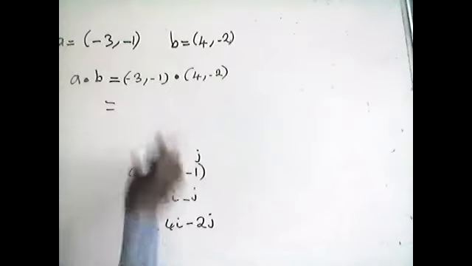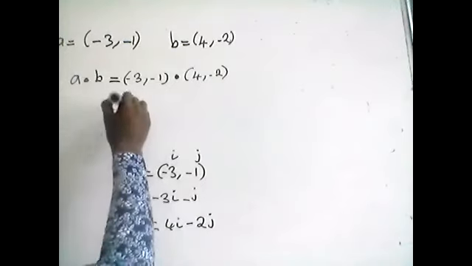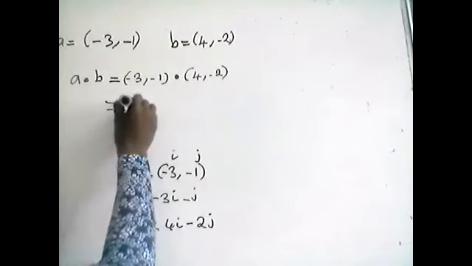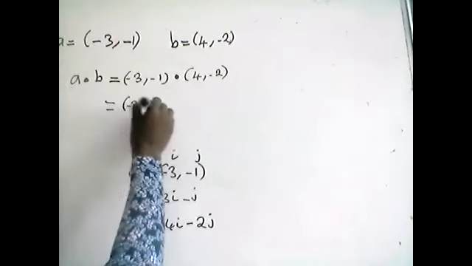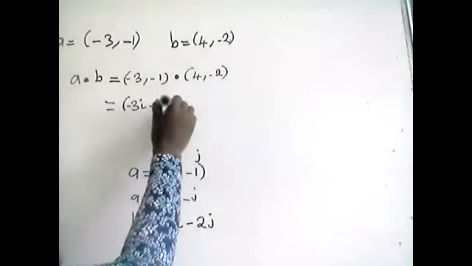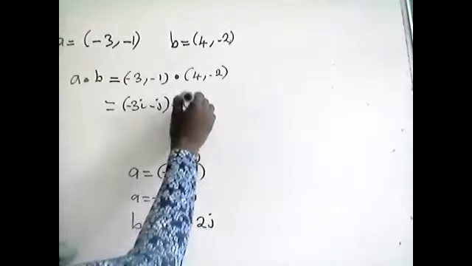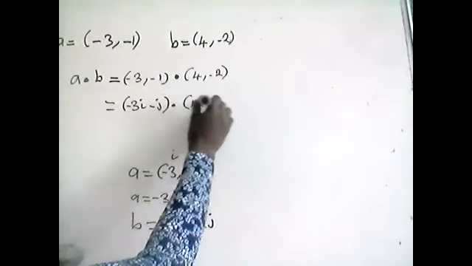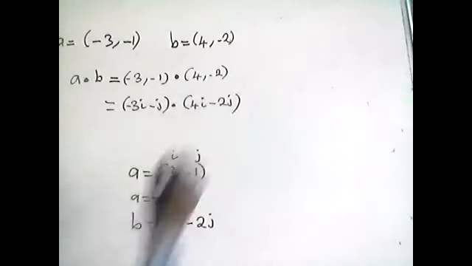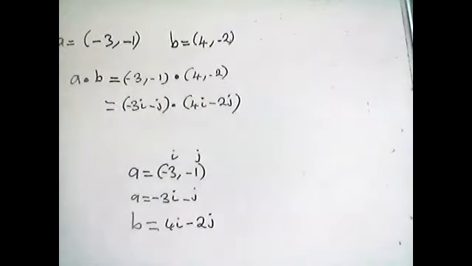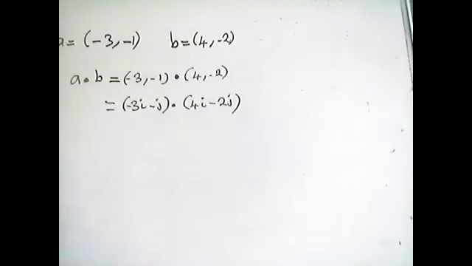So now if I write this here, -3i minus j dot 4i minus 2j. In vectors, i multiplied by i, the answer is 1. j multiplied by j, the answer is also 1.